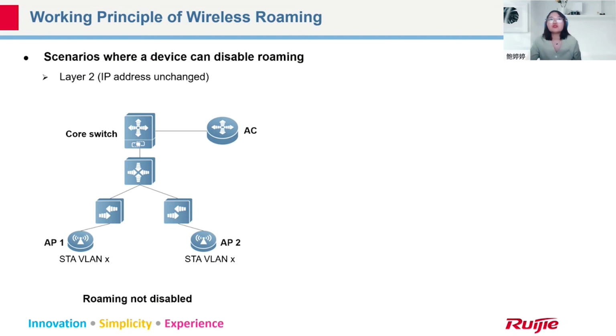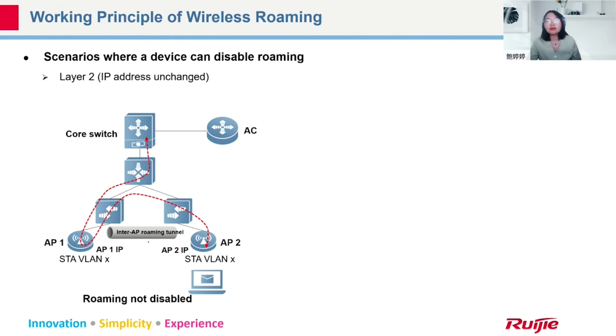For example, in a layer 2 network, AP1 and AP2 have the same VLAN, VLAN X. When the user is moving, they will connect to a new AP. If you enable roaming on these devices, they will establish an inter-AP roaming tunnel. After we establish the tunnel, the message is sent out to AP2.